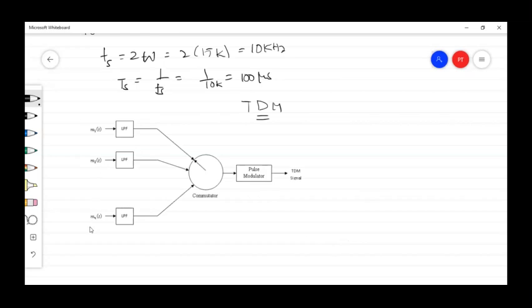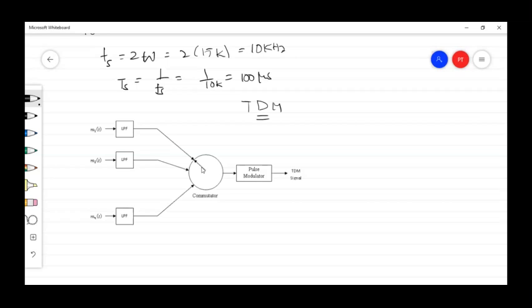Okay, you see in this, all the message signals M1, M2, and Mn are low pass filtered to the same bandwidth, and all these are applied to a commutator. So a commutator is nothing but a simple rotary switch. As the switch is rotating, it is connected to the modulator.